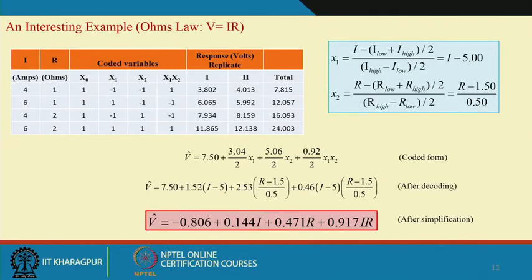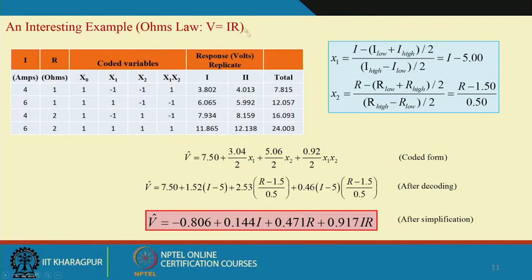Now I will show you another example of how the regression estimates change if you use coded variables versus original variables. We all know V equals I R, Ohm's law, where V is the voltage, I is current, and R is resistance.